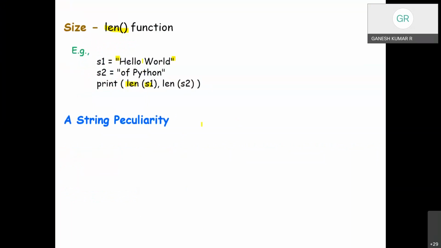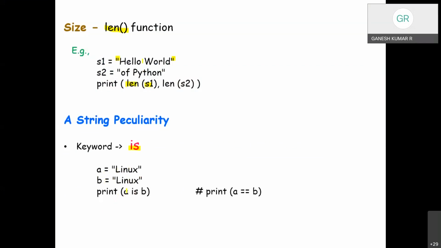Another special operator of the string is called identity, which is nothing but the keyword is. A simple example: A is the string Linux and another string B is Linux. Both the strings can be compared and their identity, similarity, could be checked with the help of the is operator. If A is B, the result of this statement will be a Boolean type, either true or false.